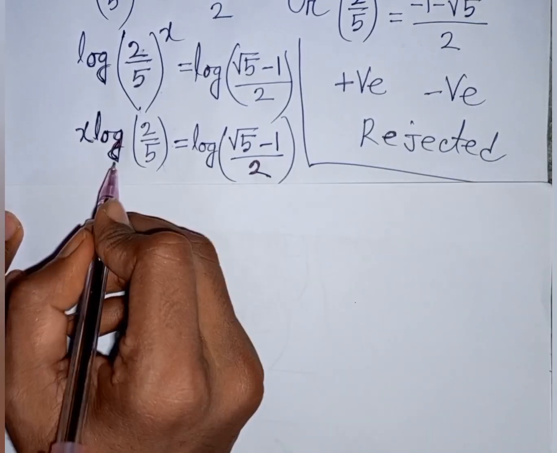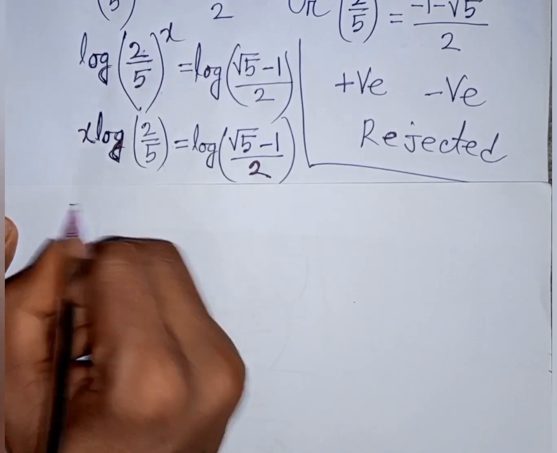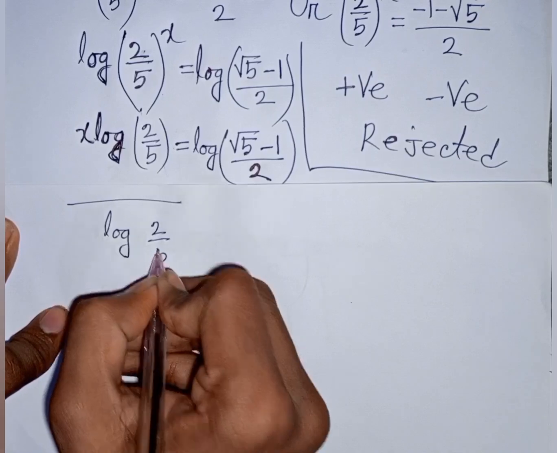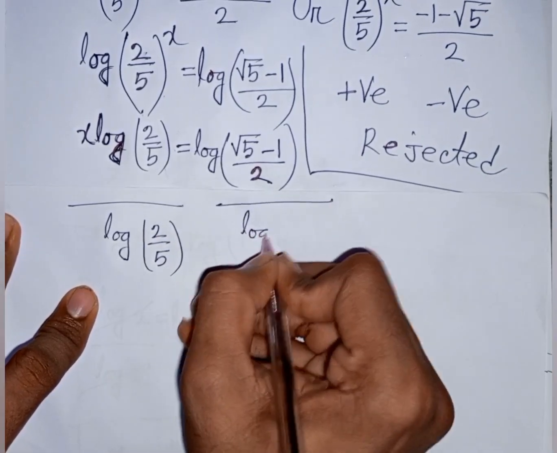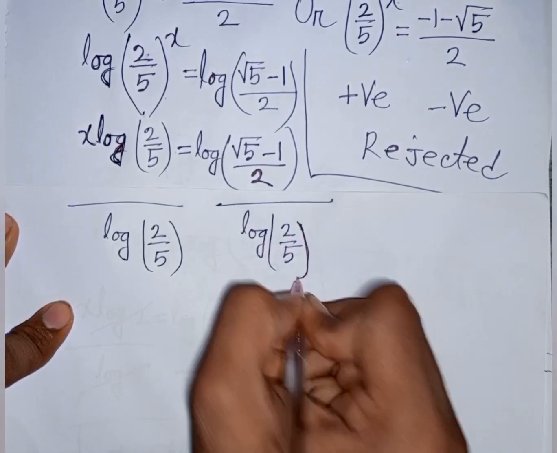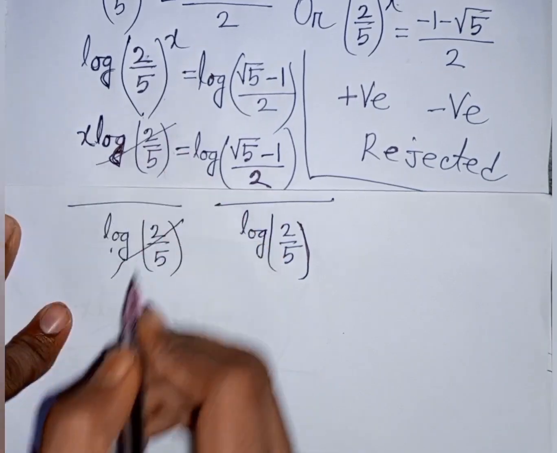Now we divide by log of 2 by 5 on both sides because we need the value of x. Now this log of 2 by 5, this log of 2 by 5 will be cancelled.